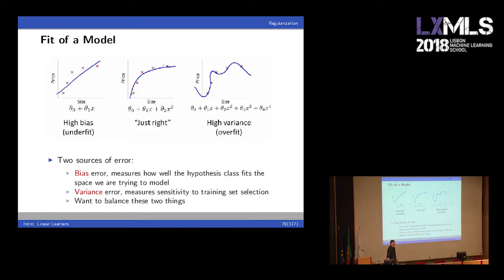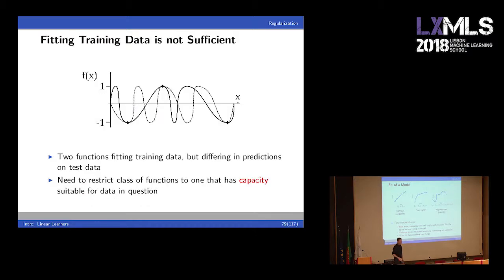Another example to show you that it's not enough to fit the training data perfectly is this one. We have two curves, the dotted one and the solid one, and we have 3 training data points for binary classification: negative example, positive example, negative example. And we see both of them perfectly fit the training data.